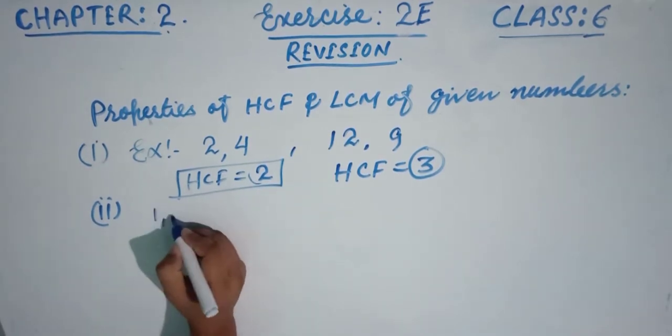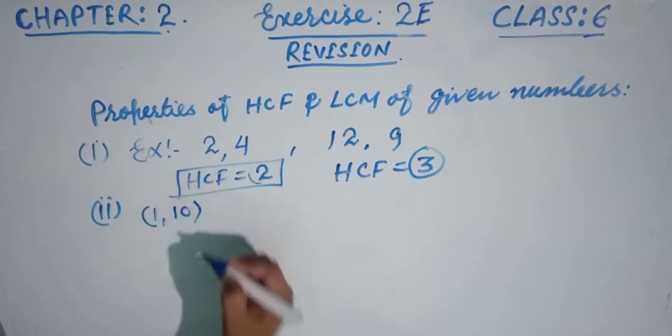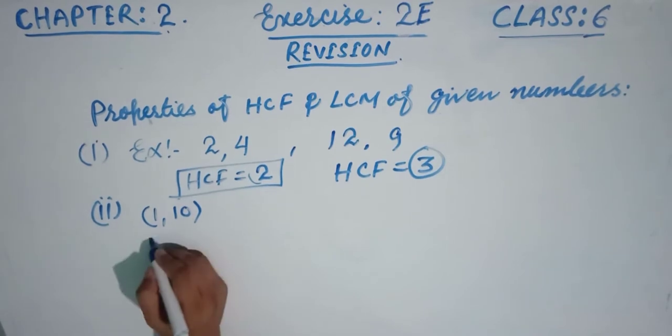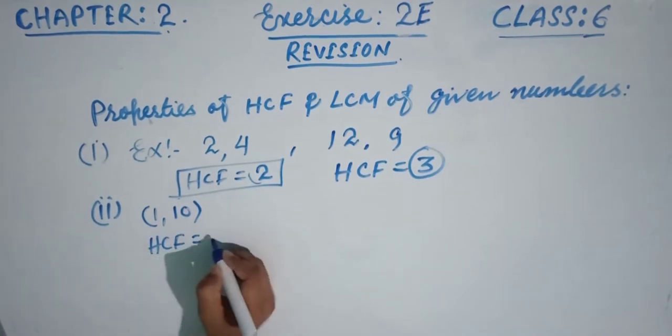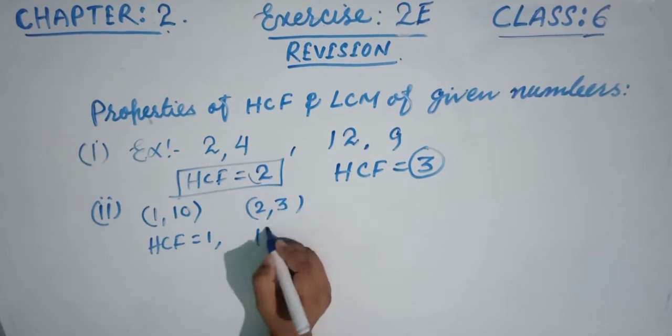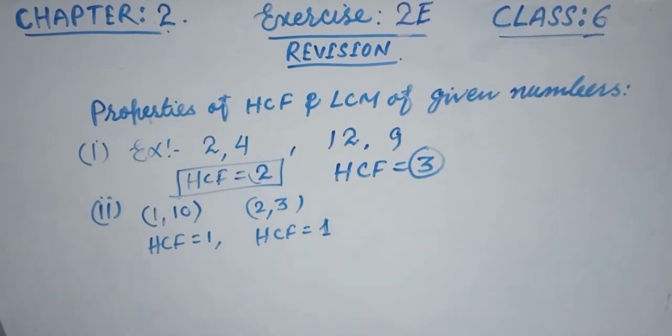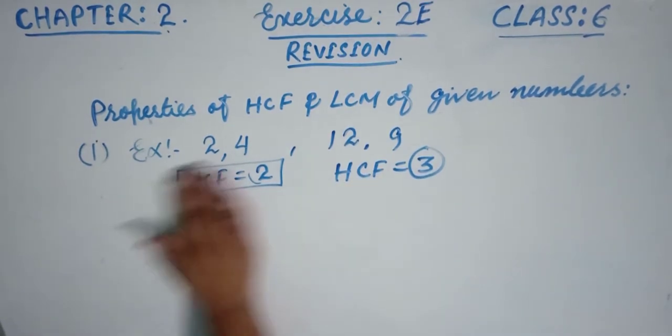Suppose 1 and 10 are co-prime numbers, so the HCF of 1 and 10 is 1. 2 and 3 are co-prime because the HCF of 2 and 3 is 1. So we can say the HCF of two co-prime numbers is always 1. Okay, this is the second property.